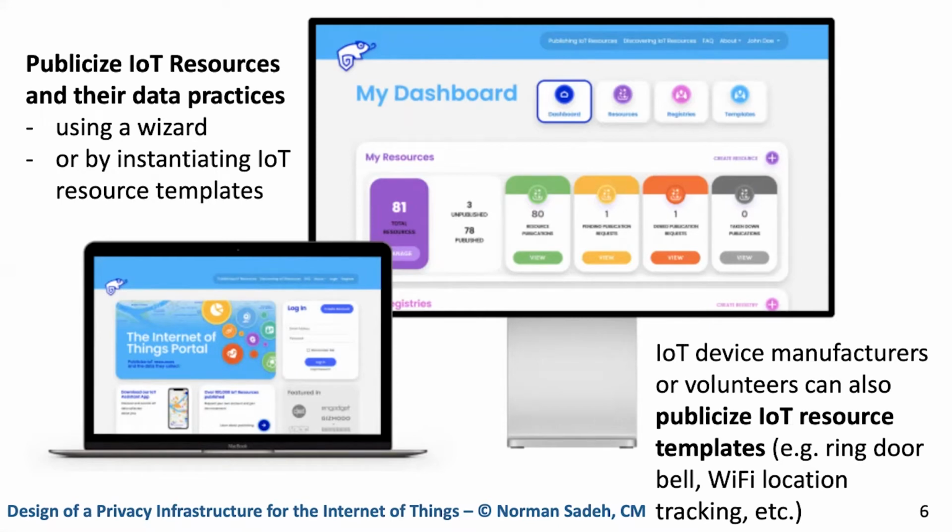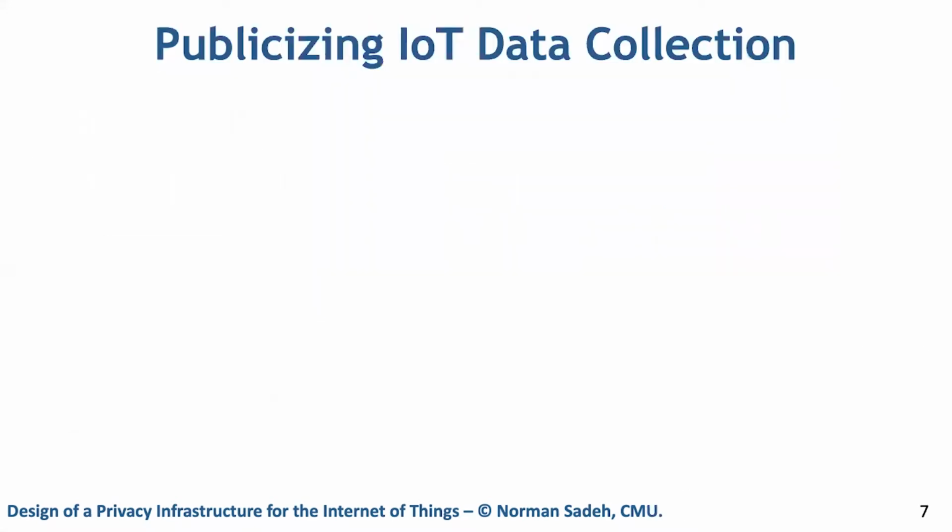And so rather than asking people to obviously read the entire privacy policy of these devices, why not have device manufacturers actually creating templates describing these resources, and then someone who purchases one of those devices gets to instantiate that template by just specifying where that Ring doorbell has been installed.